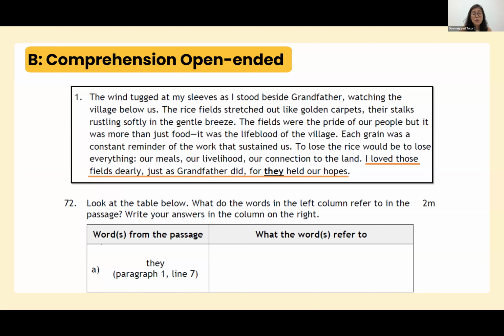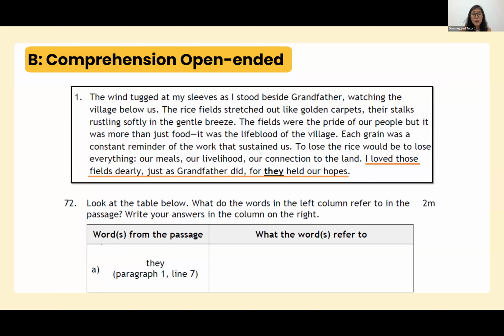"I love those fields dearly, just as grandfather did, for they held our hopes." Now, some students might stop here and simply write, they refers to those fields. Well, you're not wrong, but it's not specific enough. What are those fields?